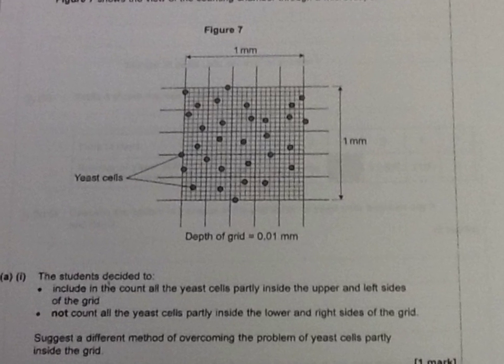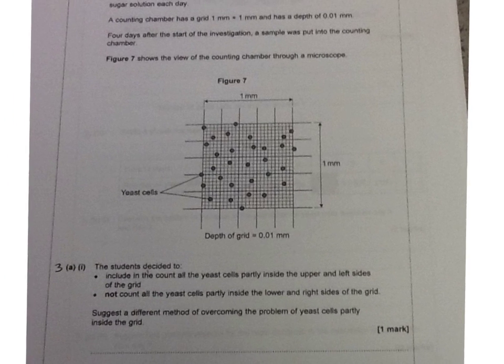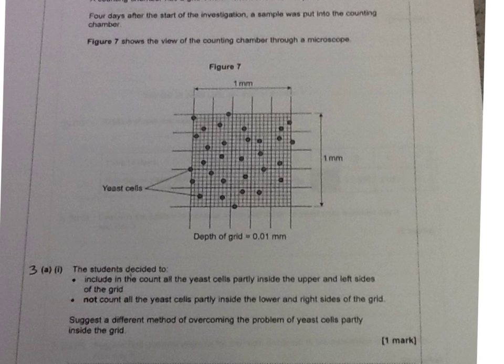So what that actually means is, if we look at this counting grid in a bit more detail, they would include the ones that were partly in on this side and at the top, but they would not include the ones that were partly in at the bottom and on the right hand side. Okay, so that was the student's method, and that comes into play a little bit later on in the question because you need that.